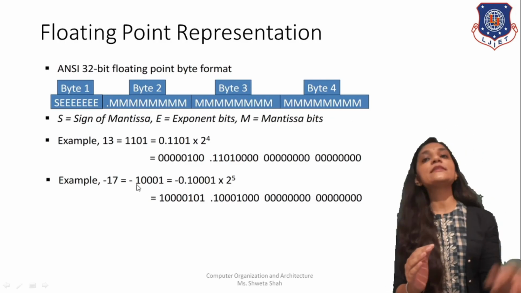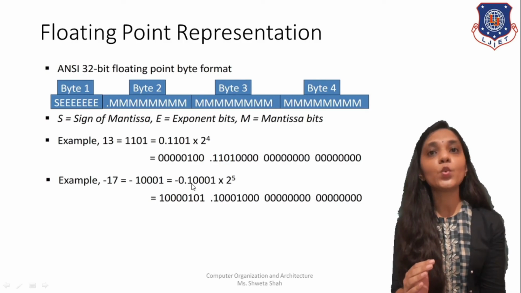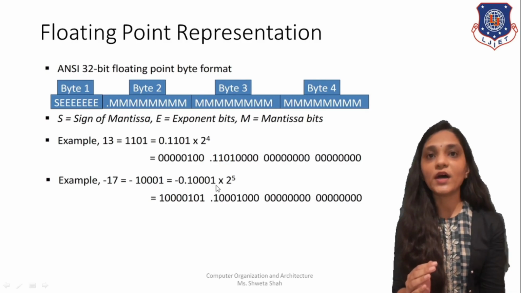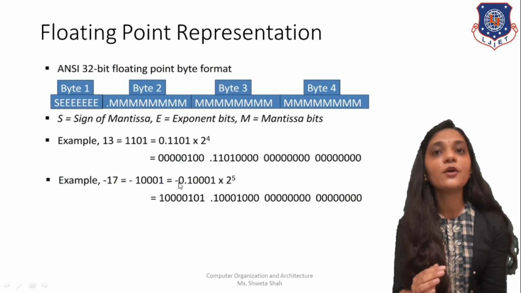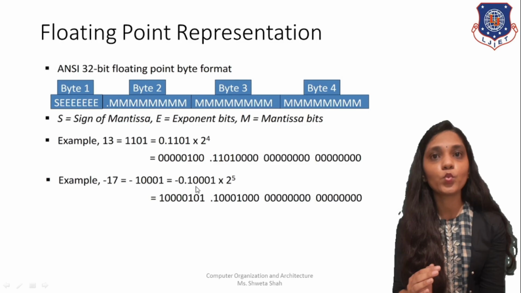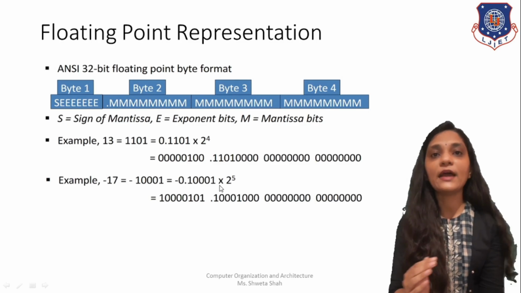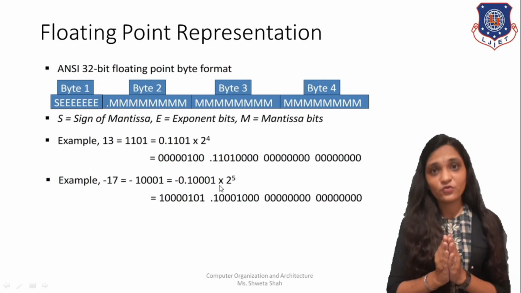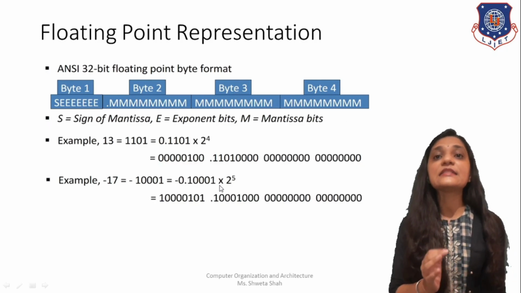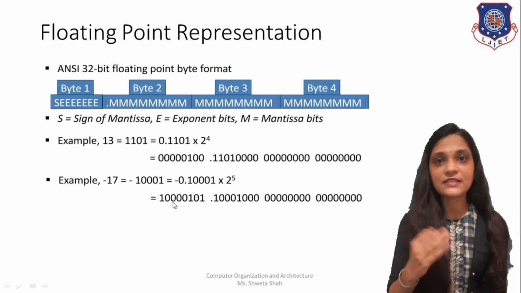So our normalized number will be 0.10001 into 2 raised to 5. So our exponent is 5, the mantissa is 10001, and the rest of the bits are 0. And your sign bit for this representation is minus, or you can say 1.